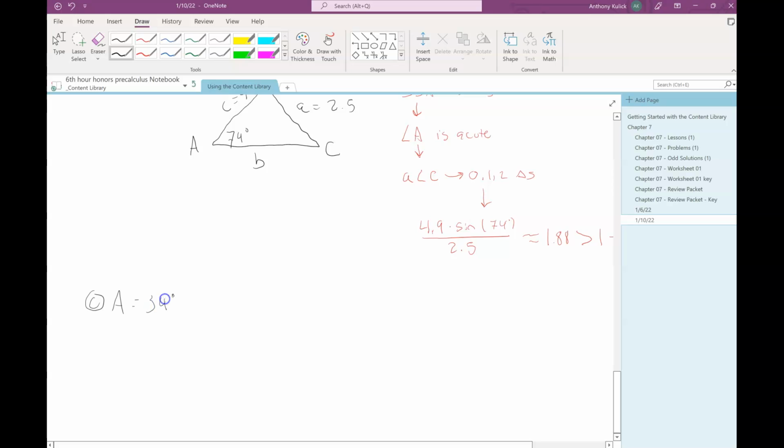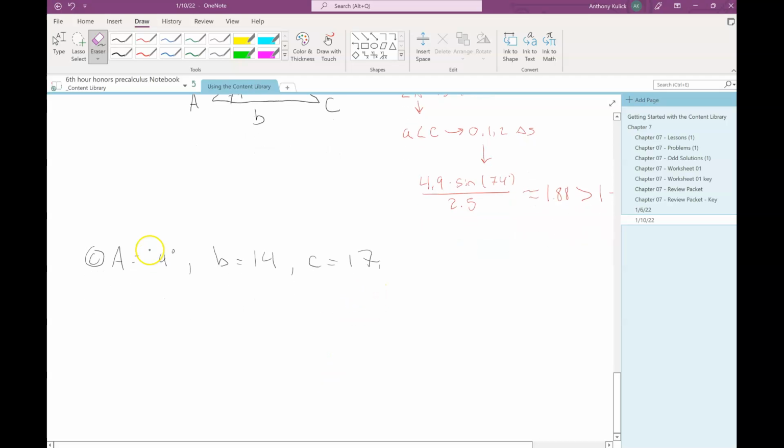Let's look at this situation. So we have angle A is 34 degrees, side b is 14, and side c is 17.